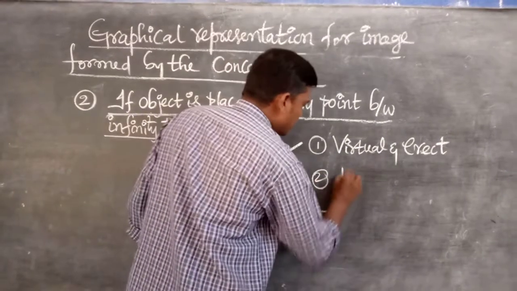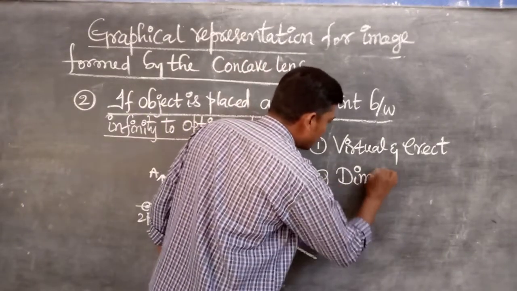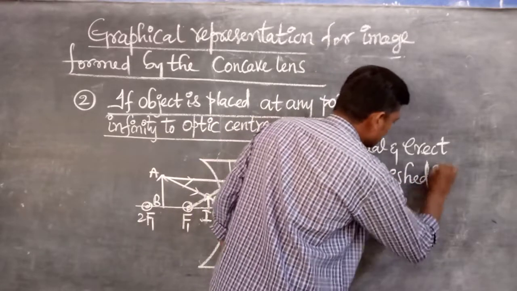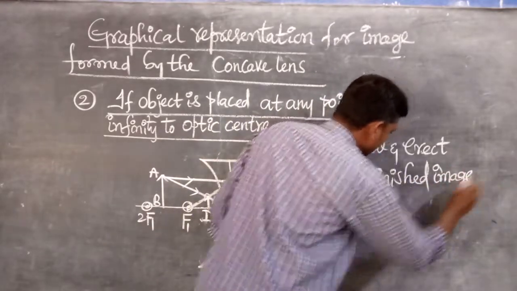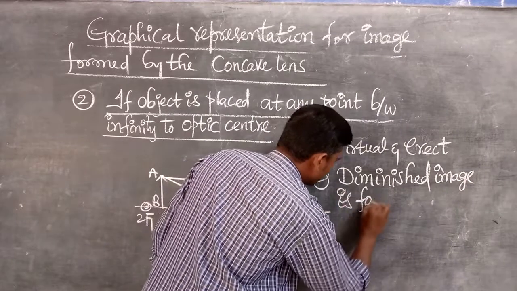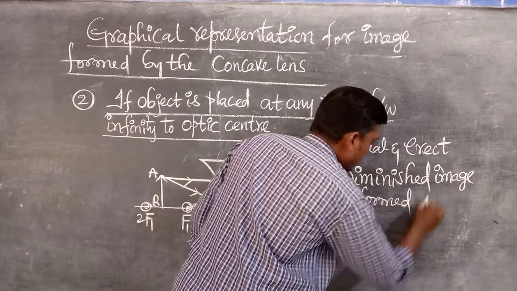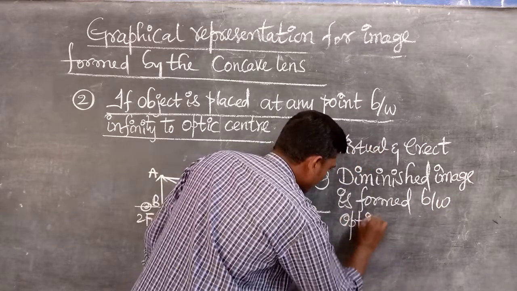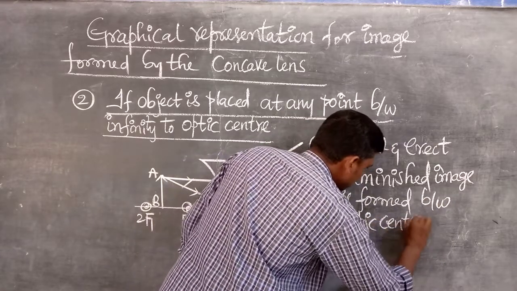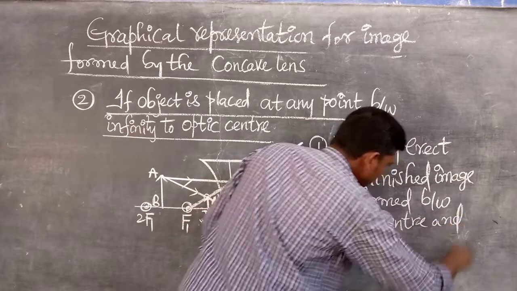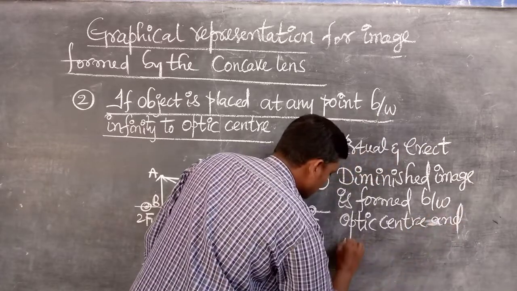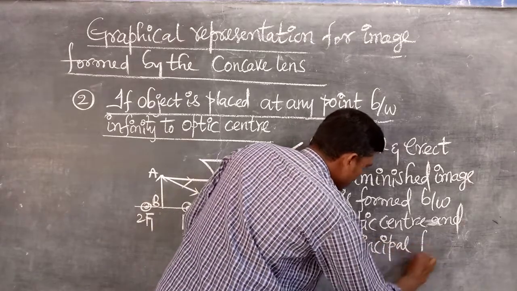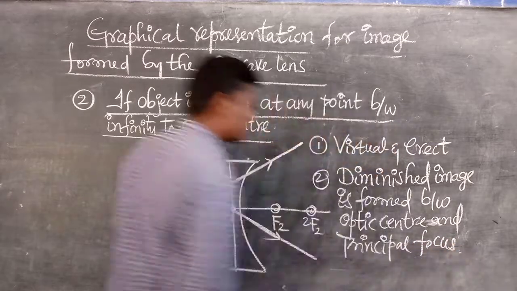Next, second one: a diminished image will be formed, not highly diminished, just diminished, and it is formed between the optic center and the principal focus. This one.